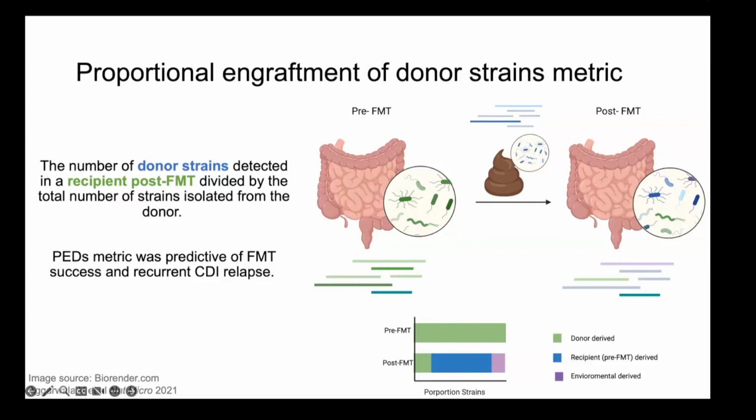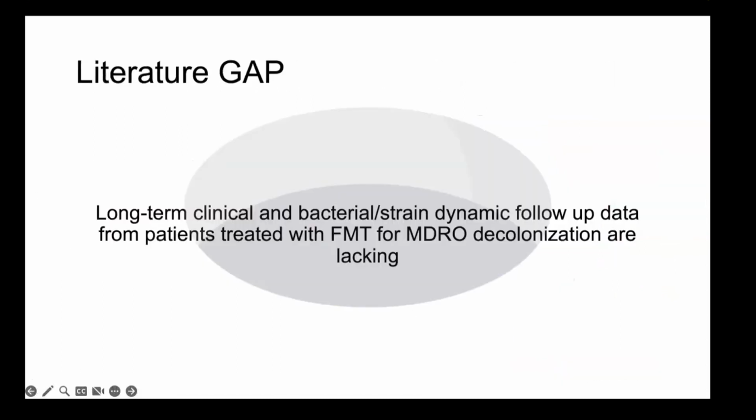And in those that had a high PEDS, or proportional engraftment of donor strains, they were less likely to have recurrent C. diff many years down the line. And so, clearly there's still a big gap.